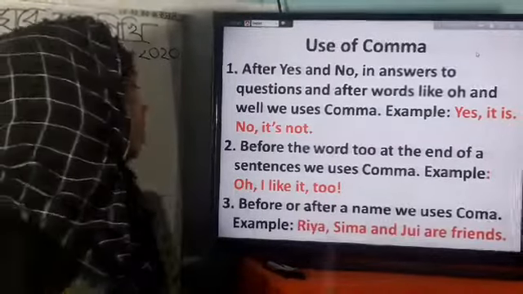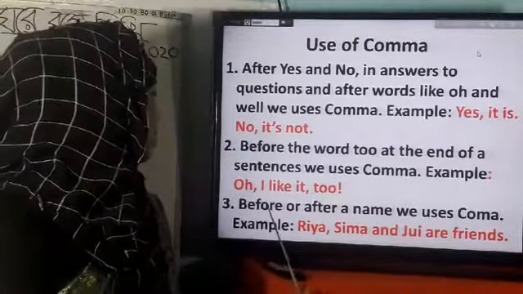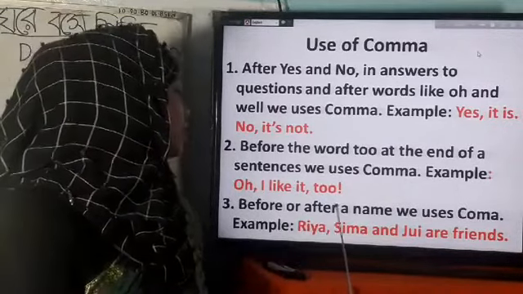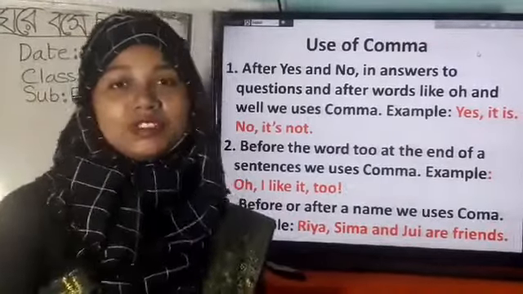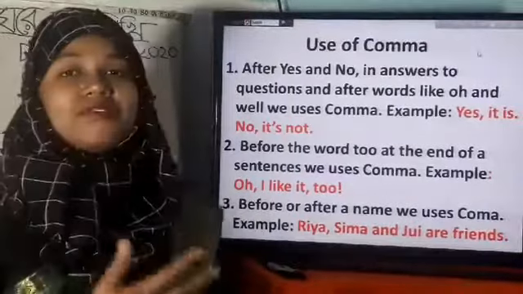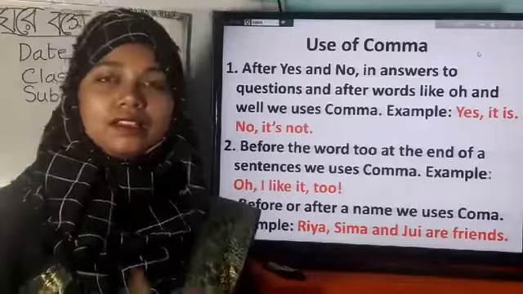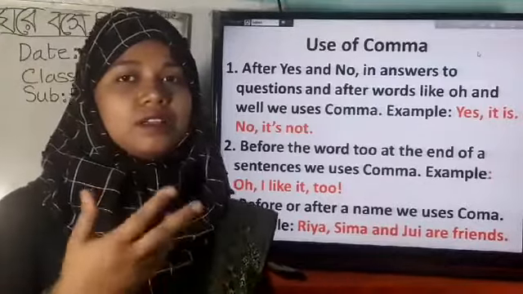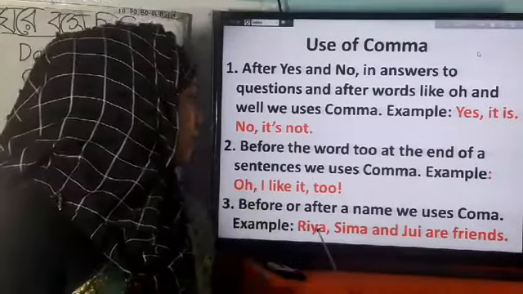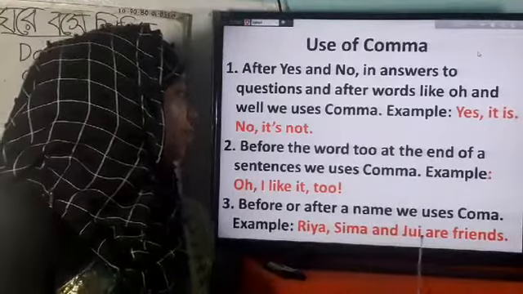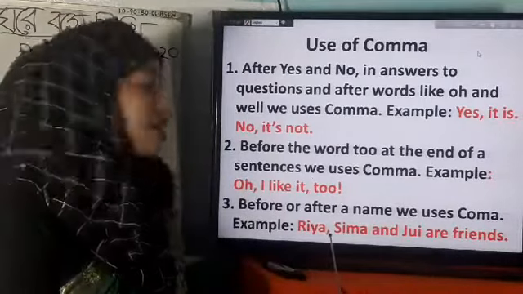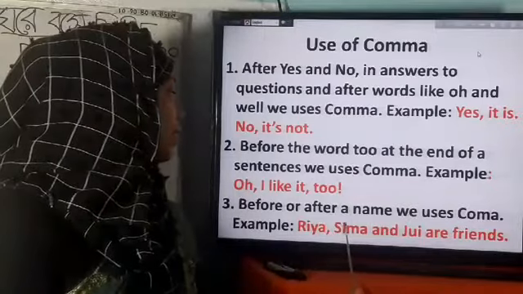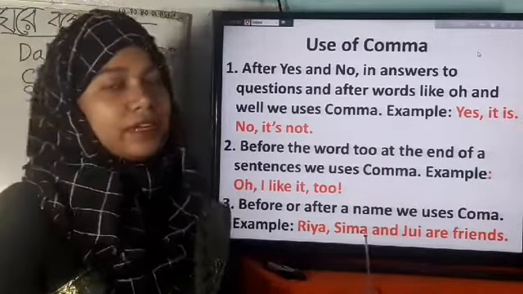Now last one, number 3, before or after a name we use this comma. My dear student, before or after a name. Suppose you are Ria. I have also written here, Ria, Shima and Ju are friends. After Ria here is a comma, and then here is also a name, Shima.